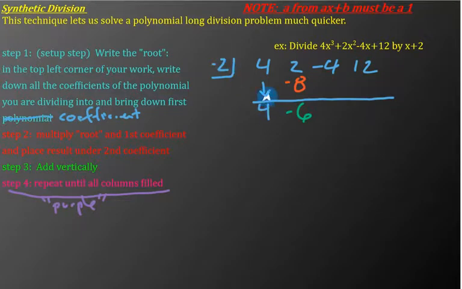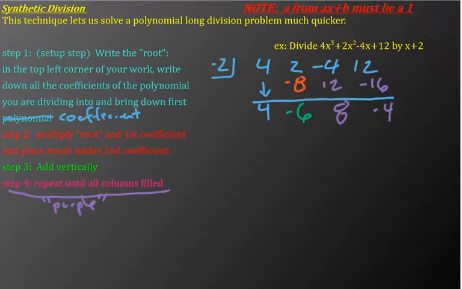So it's basically multiply and add, multiply and add, multiply and add. That's going to look like negative 2 times negative 6 is 12. Then I add negative 4 and 12, and I get 8. And then negative 2 times 8 is negative 16. And then I add, and I get negative 4.